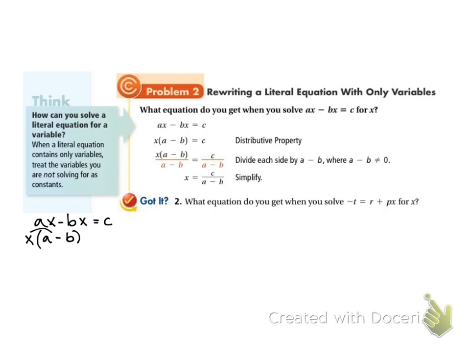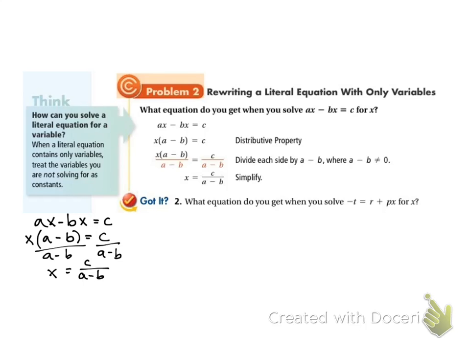See how if I distributed back in, I'd get ax minus bx? And this is equal to c. Now I'm trying to get x alone. I'm solving for x. So I need to divide by a minus b. And I get x equals c over a minus b.